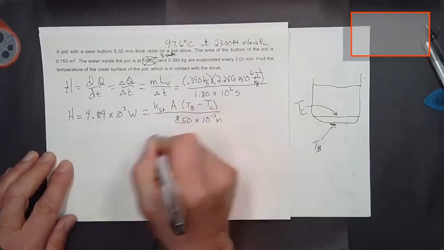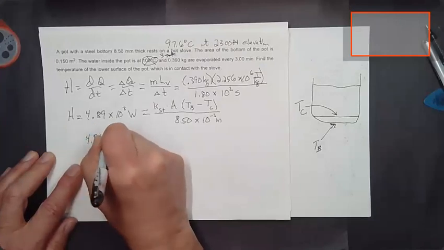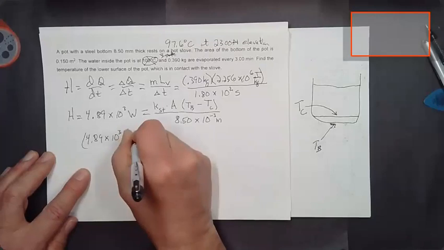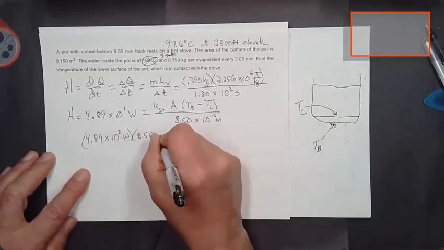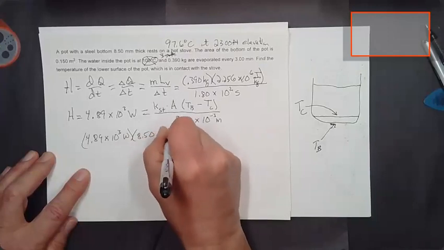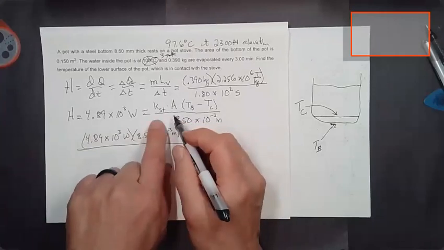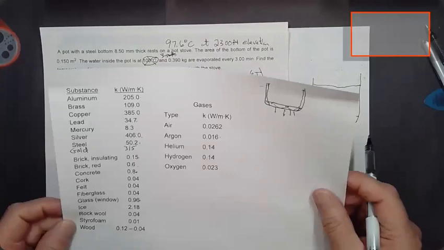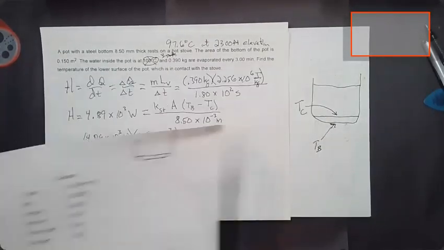I'll solve for TB minus TC first. 4.89 times 10 to the third watts times the 8.50 times 10 to the minus third meters divided by the thermal conductivity of steel is 50.2 watts per meter Kelvin.